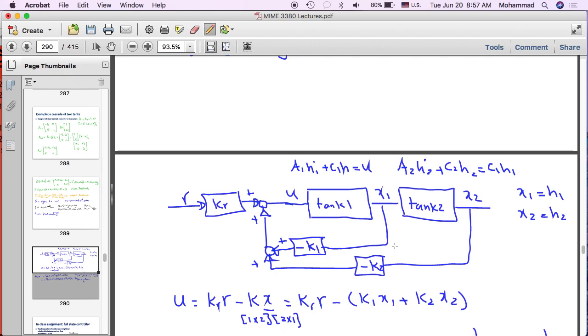So it's exactly the block diagram that we have on the slide, and you can now see the behavior. On the same plot, we have the value of r, x1, and x2. You can see with this set of controller gains what kind of behavior we have.